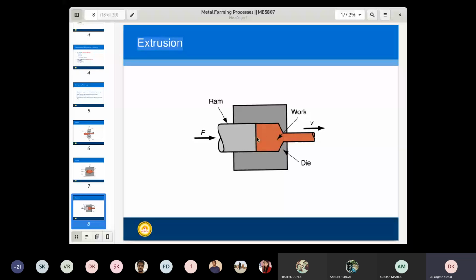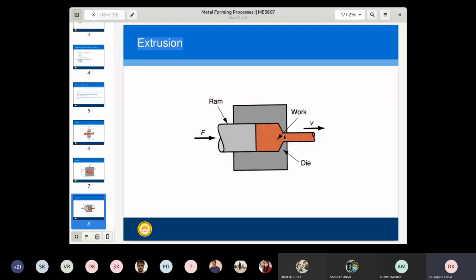Okay, so what is done in extrusion processes? This workpiece is pushed through a die. In this, you can see the force is being applied from the left hand side. Since the force is being applied, this workpiece will move towards the right.